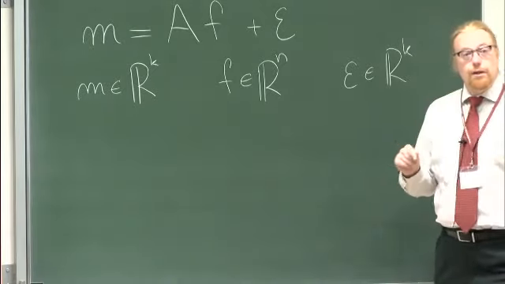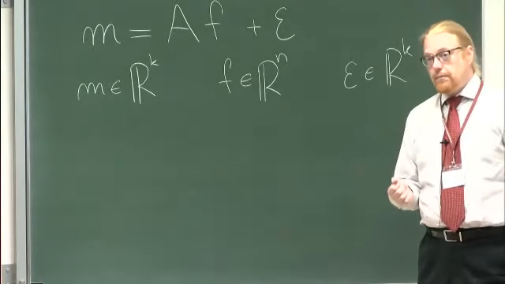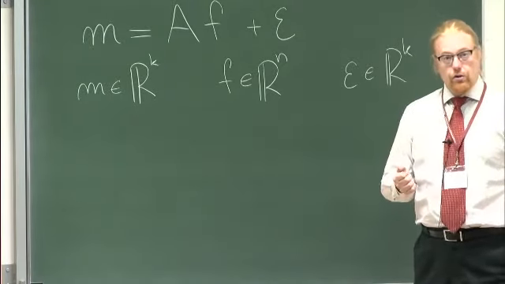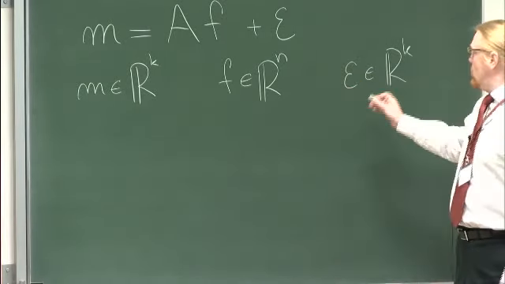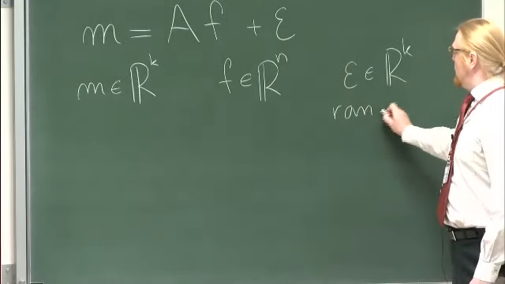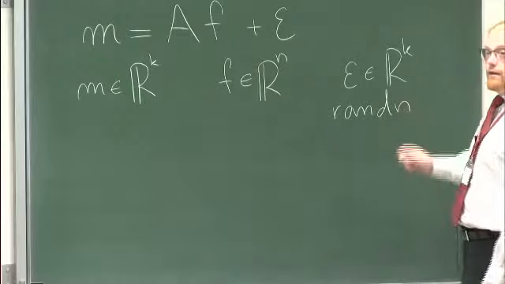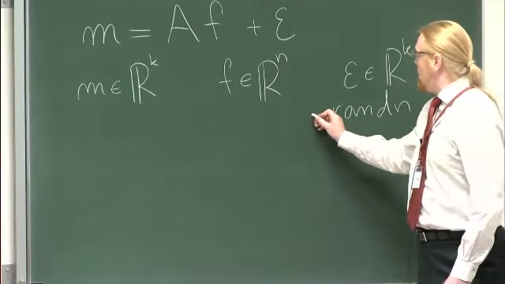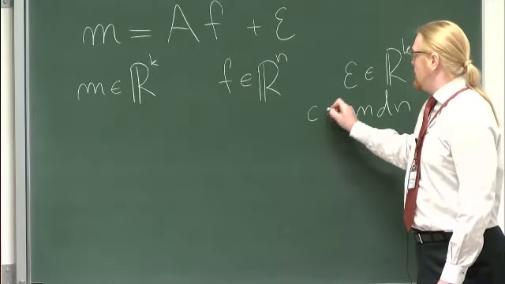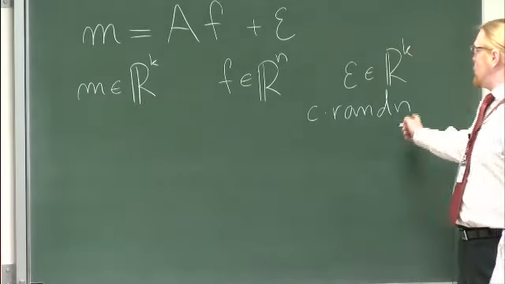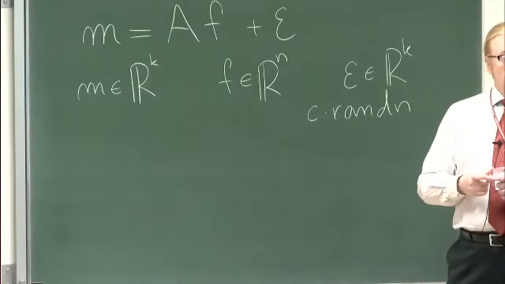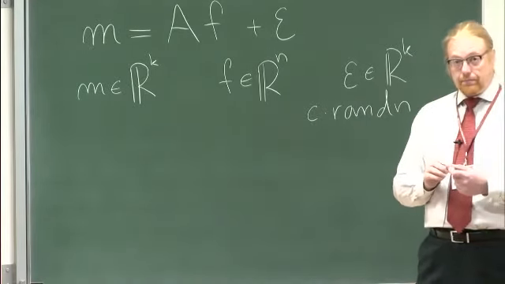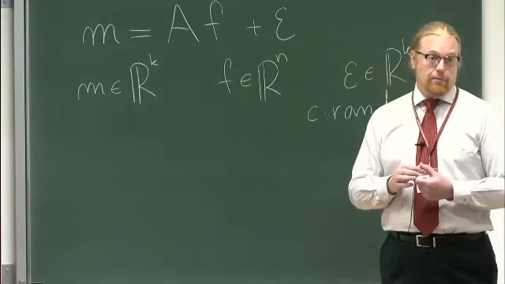It's random measurement noise, and in the MATLAB simulations I will be showing you, I will simulate this using the command randn with some amplitude, noise level c. This randn gives a vector with components independently distributed randomly according to the normal distribution.